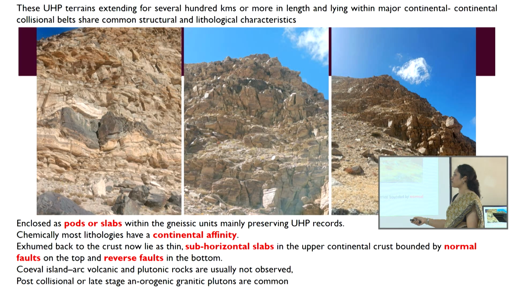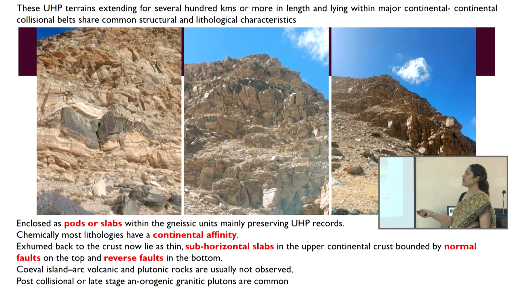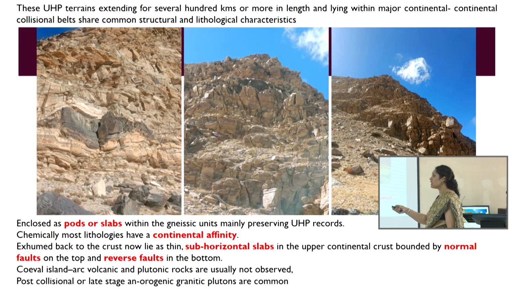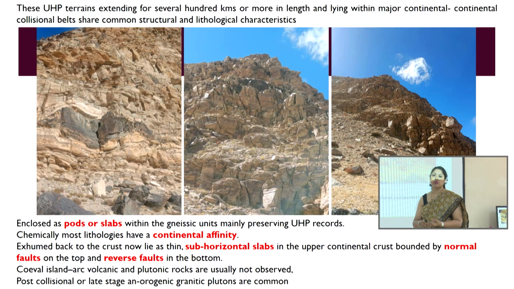So they occur as pods or slabs within typically what we call gneisses, okay, quartzo-feldspathic gneissic units, and these pods, they preserve the UHP signatures.